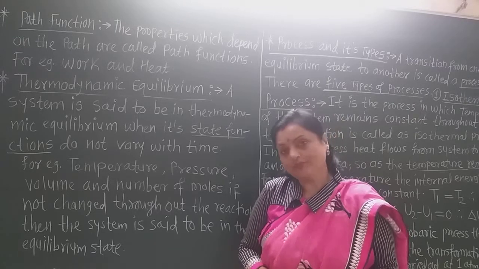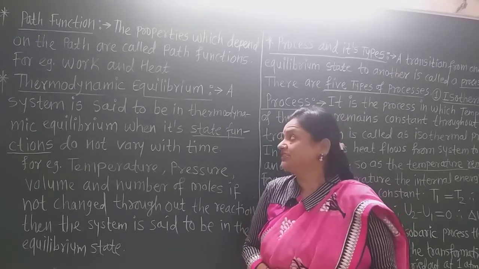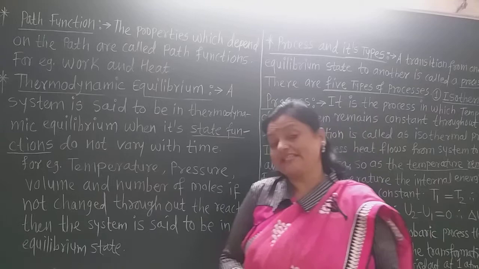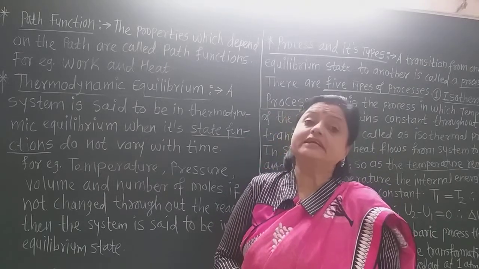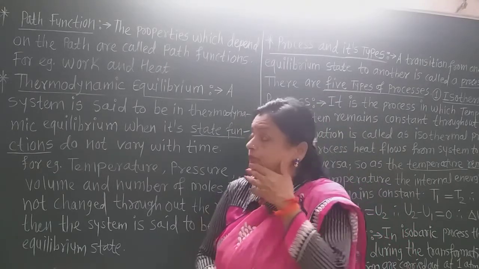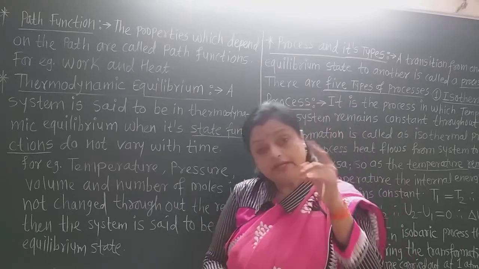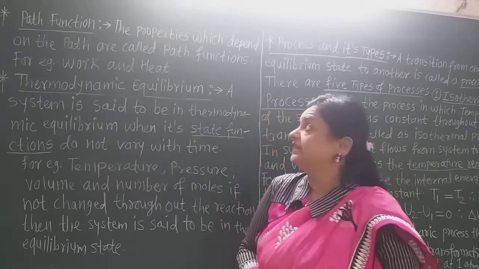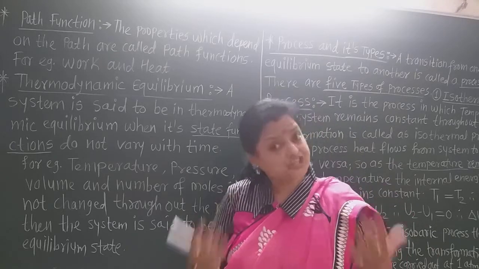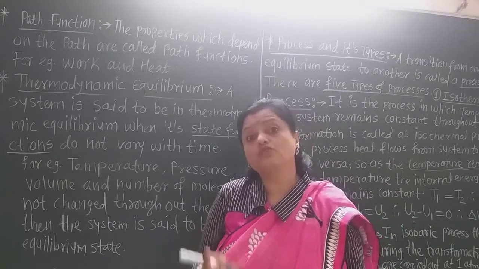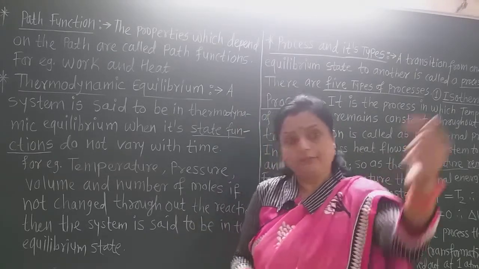We are learning, from the last 2 or 3 lectures, the new chapter of section 1, that is chemical thermodynamics, chapter number 4. In the last lecture we learned about state functions. State functions are properties such as volume, pressure, temperature.